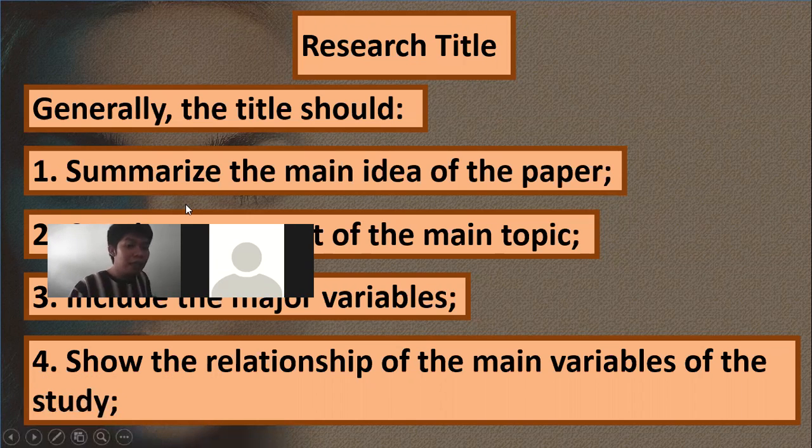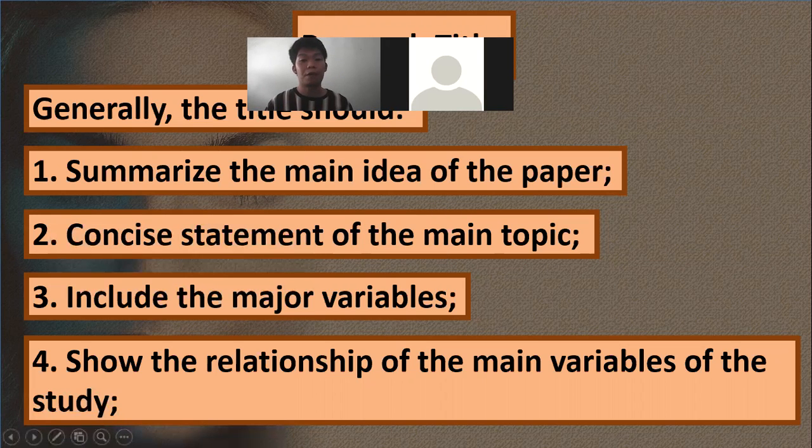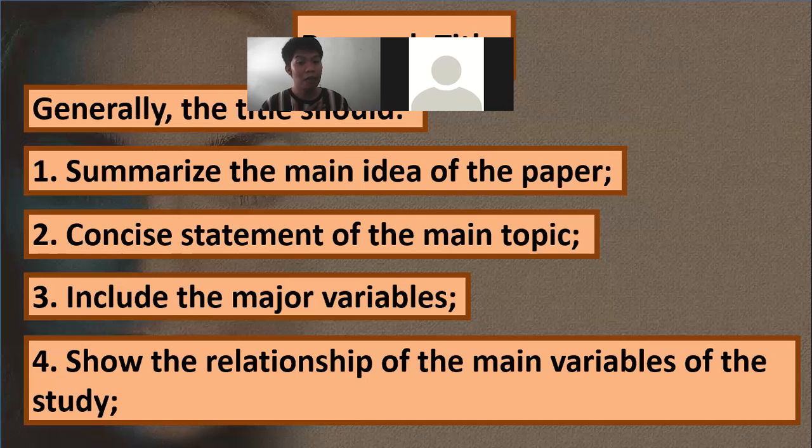So basically, when we say research title, it should be the synthesis or the summary of your paper. It means that when you read your title, it should contain the whole idea about your paper. For example, if I am the reader of your paper, sa title pa lang, I already have the idea what's the content or what's your research all about.